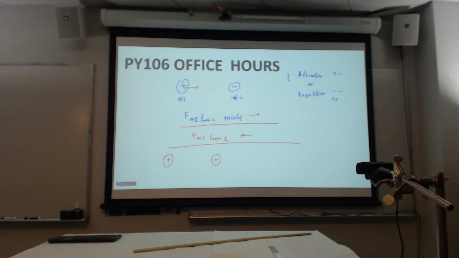Now let's take a look at two other situations. Let's say these two charges are positive. What is the direction of a force acting on charge number 2 from charge number 1? Well, it's being repelled, so right.